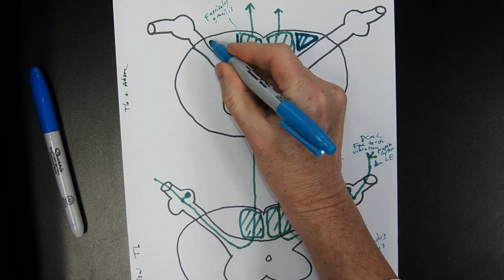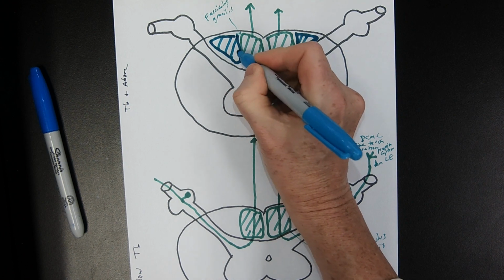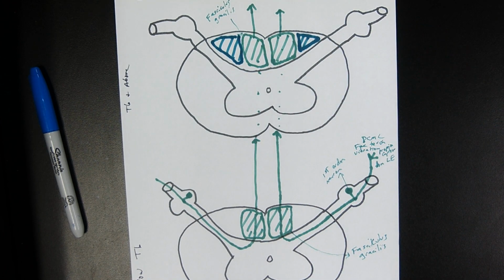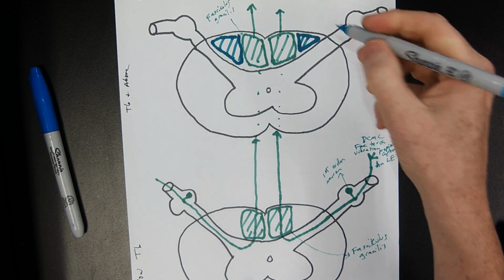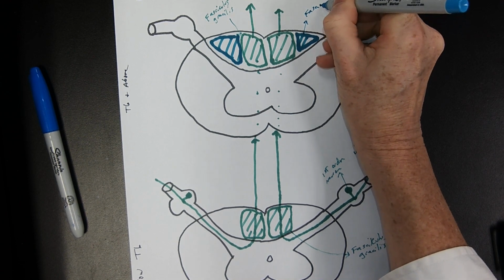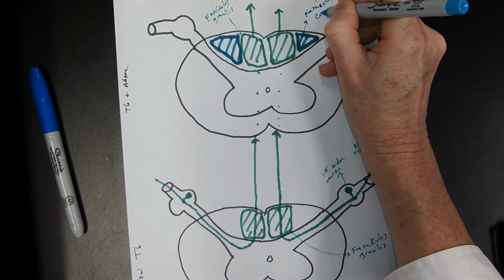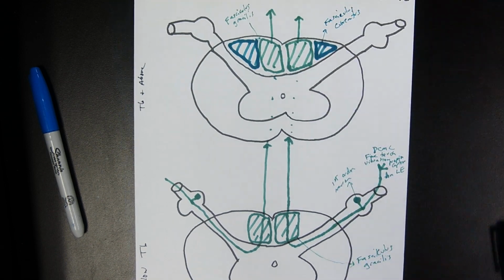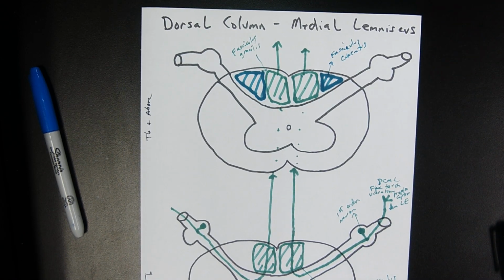Okay, fasciculus gracilis and fasciculus cuneatus represent the dorsal columns. They are the dorsal columns. Fasciculus cuneatus, C-U-N-E-A-T-U-S. Okay, fasciculus cuneatus does not exist below the level of T6. It's just the upper stuff.